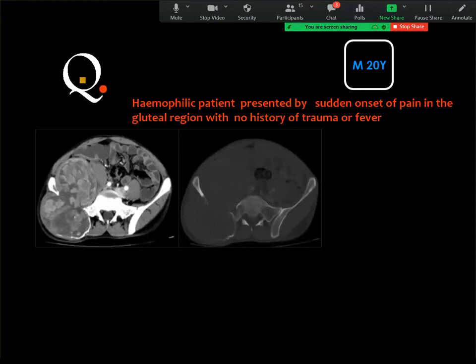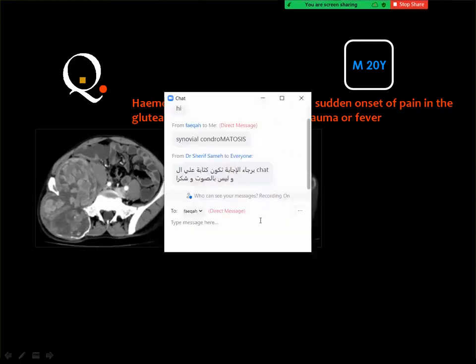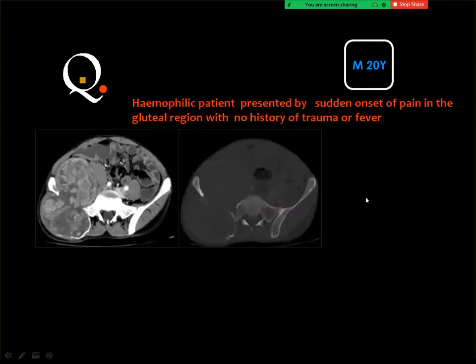Hemophilic pseudotumor. Okay, and I would like to look at your answers on the chat. The first one was synovial osteochondromatosis and nothing more. Yes, okay, this is because of the history, and history is very important here. This is a hemophilic patient presented with a sudden onset of pain in the gluteal region with no history of trauma or fever.